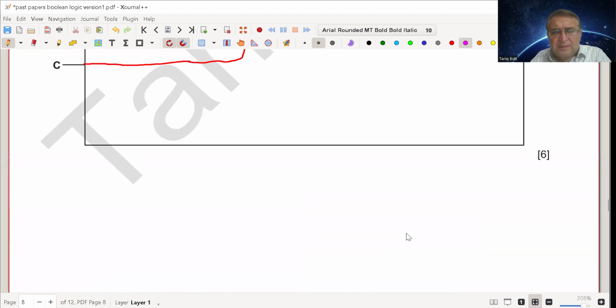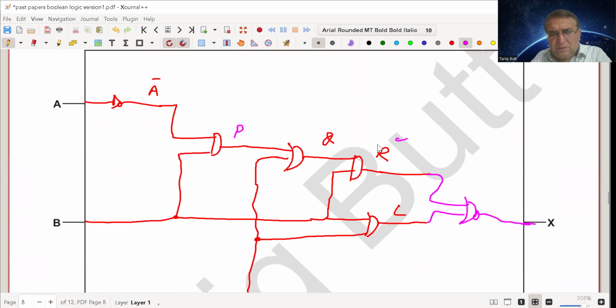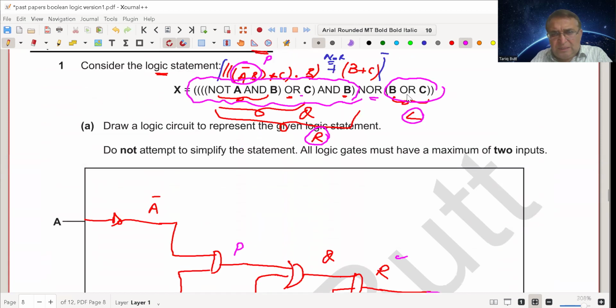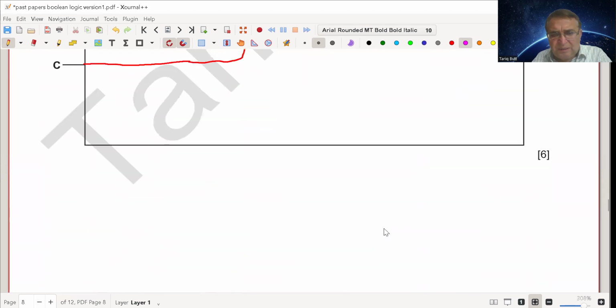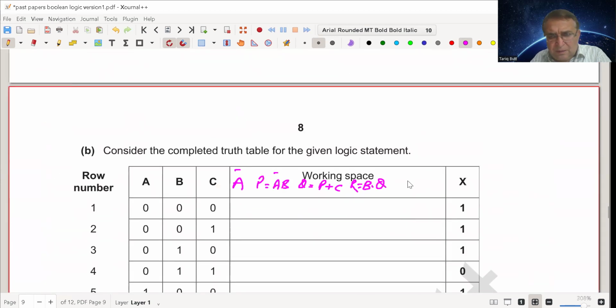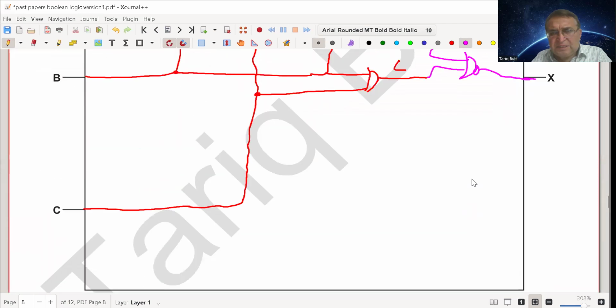Fine. That is R. And L is what? That is B or C. L, that is B or C. And then finally, X is what?